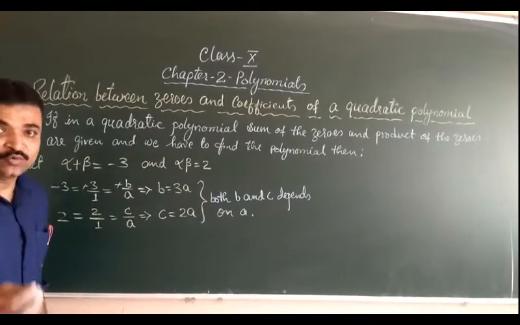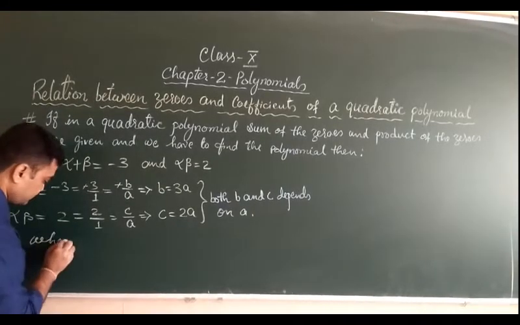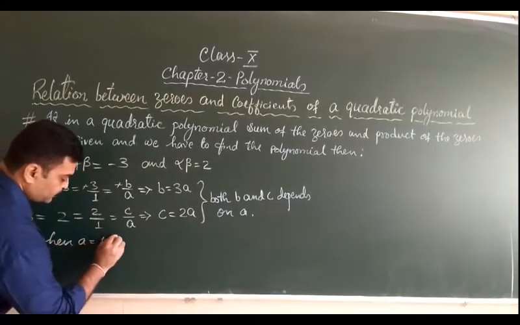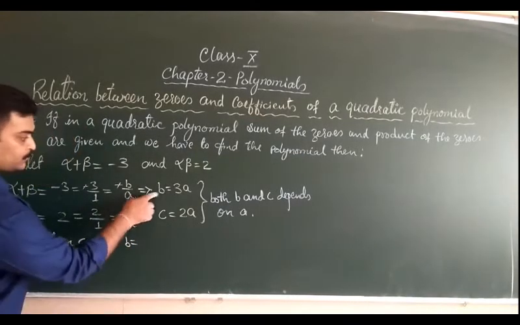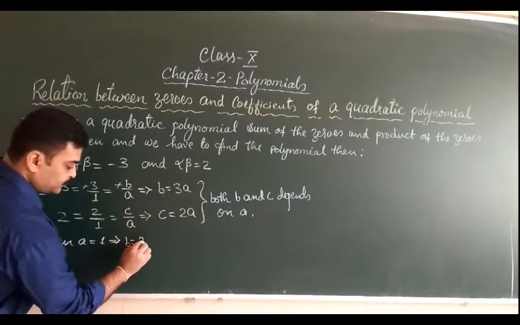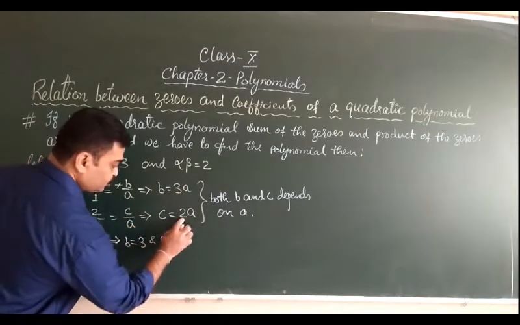When a is equal to 1, what we get? This implies b is equal to 3 into 1, that is 3, and c is equal to 2 into 1, that is 2.